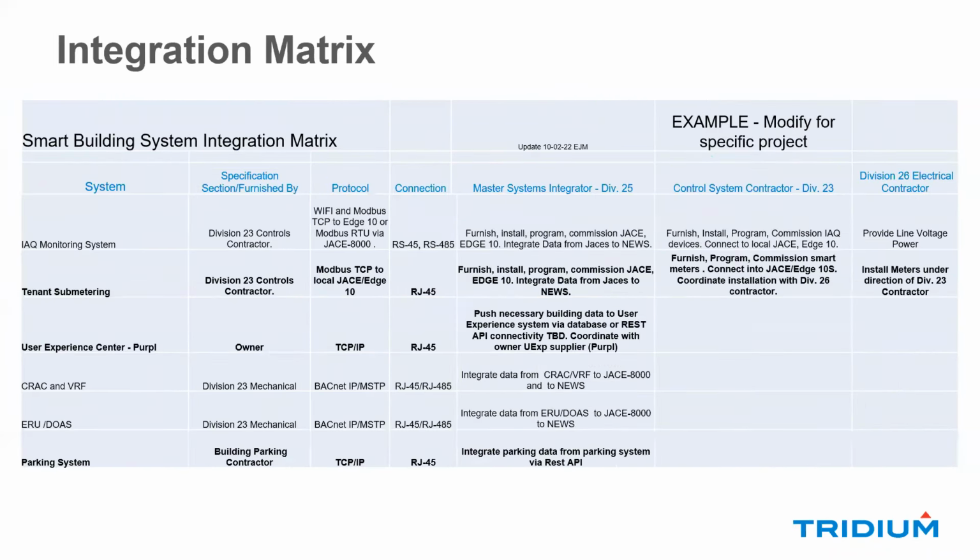Some additional integrations in the integration matrix, some ones that I think we're starting to see a lot more of: tenant submetering. In one spec, I just saw the Division 23 had to provide the tenant submetering, not the electrical. So they actually had to provide a Modbus TCP and connect it into the JACE. But the Division 25 master system integrator had to provide all the graphics and had to make sure the JACE was able to ingest that information, that it was accurate.